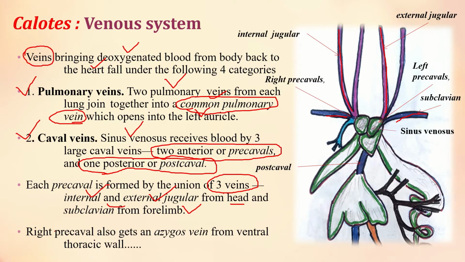And besides that, the right precaval vein also has an additional vein that is called the azygous vein. So the azygous vein is found towards the right side, and it has connection with the right precaval vein, and this azygous vein collects blood from the ventral thoracic wall.